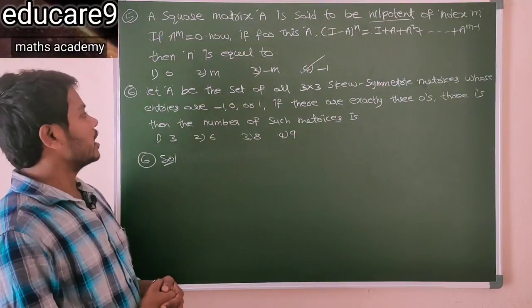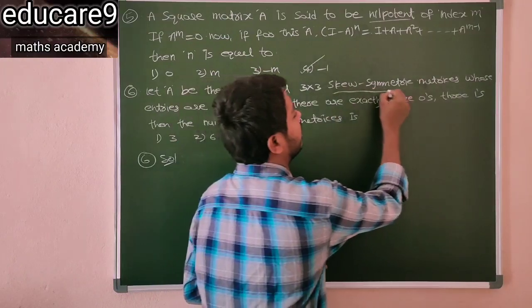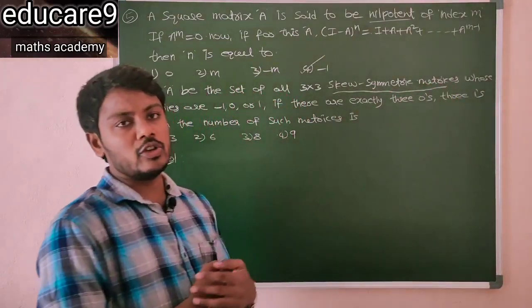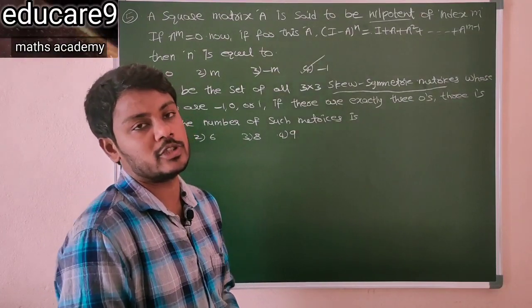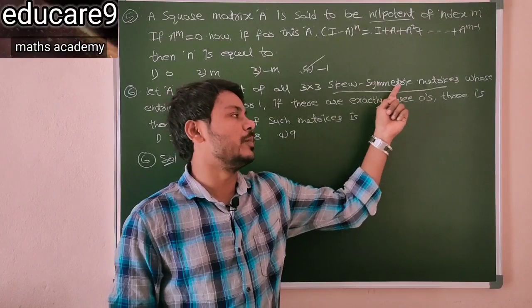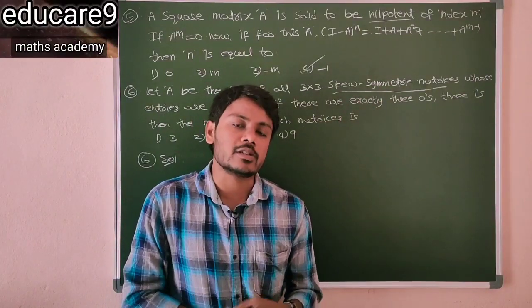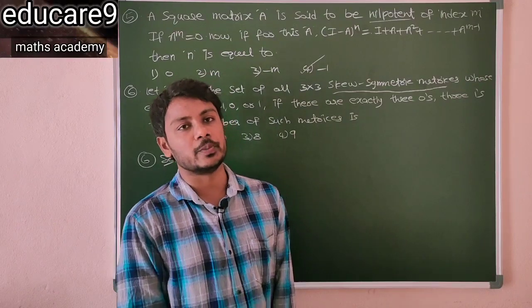So see here, next one, A is the set of all 3 by 3 skew symmetric matrices. So here skew symmetric means if A is any square matrix, then A transpose is equal to minus A. So then only A is said to be skew symmetric. And also in a skew symmetric matrix, the diagonal elements are always 0.